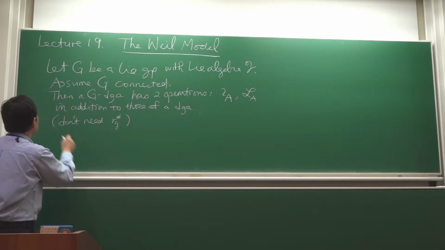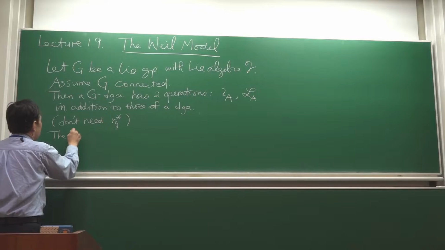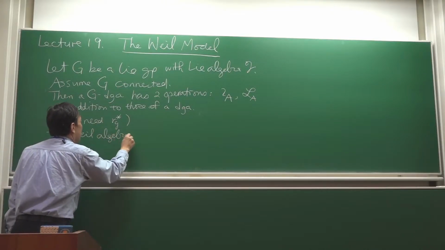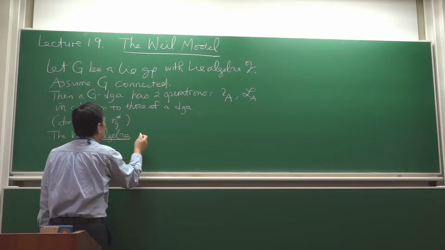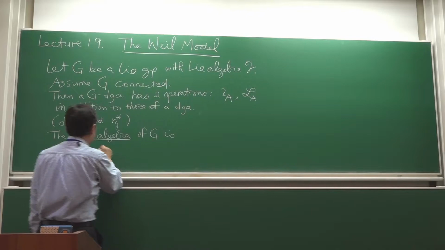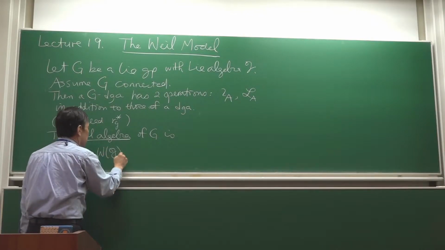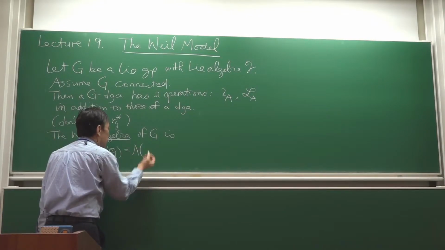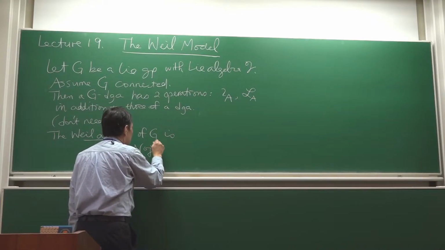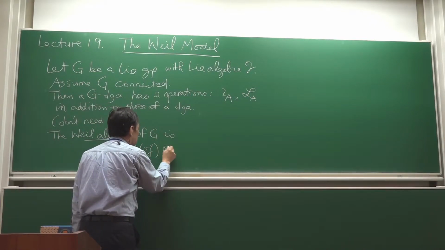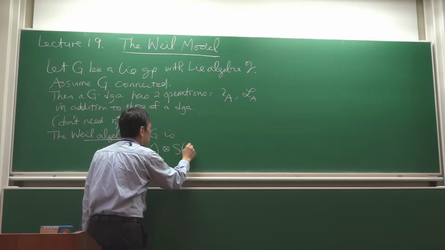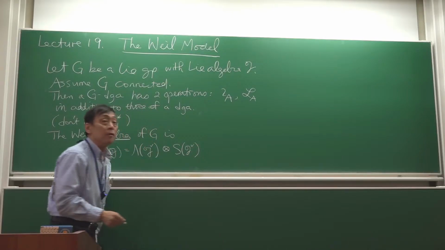So I defined the Weil algebra. For G it's WG. It's the exterior algebra of the dual tensor with the symmetric algebra of the dual.